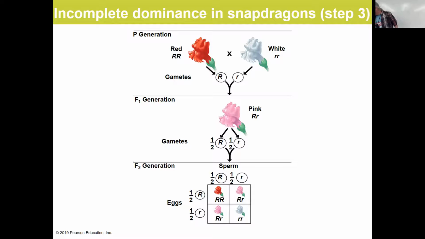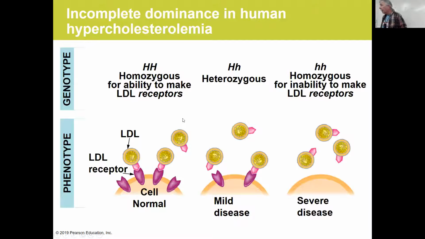And there's incomplete dominance in human cholesterol. LDL is the bad cholesterol. The level of LDL in your blood is a direct risk for having a heart attack. There are LDL receptors on cells that bring LDL into the cells and take it out of the blood, so it lowers the amount that's in the blood.